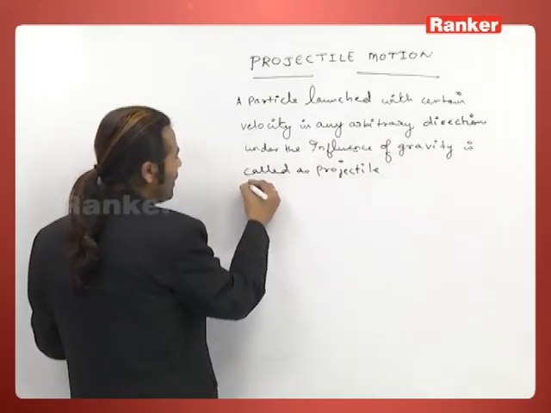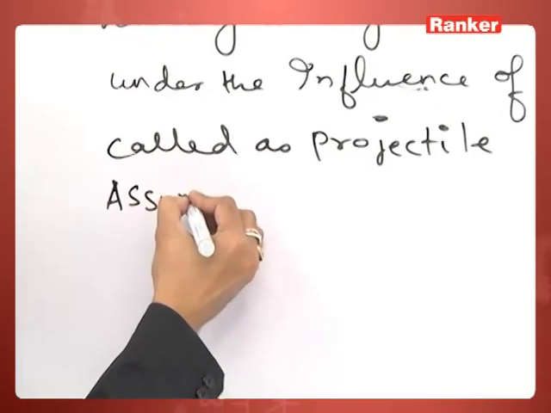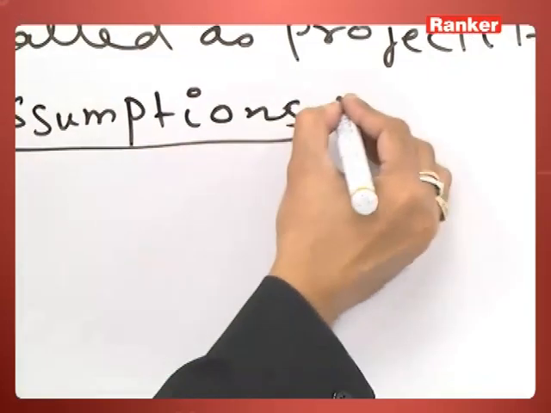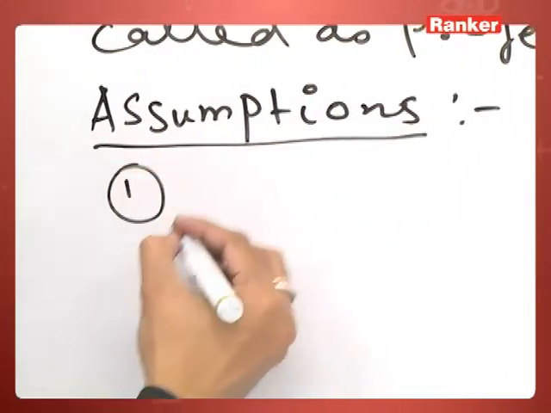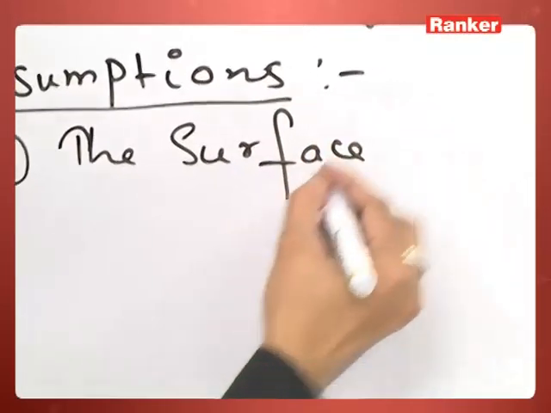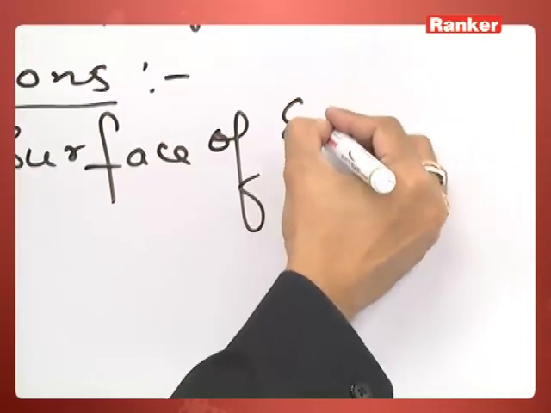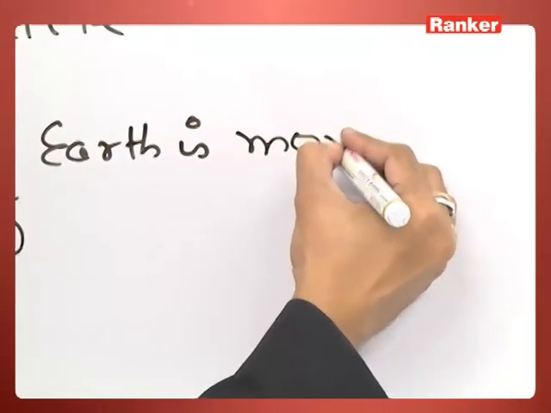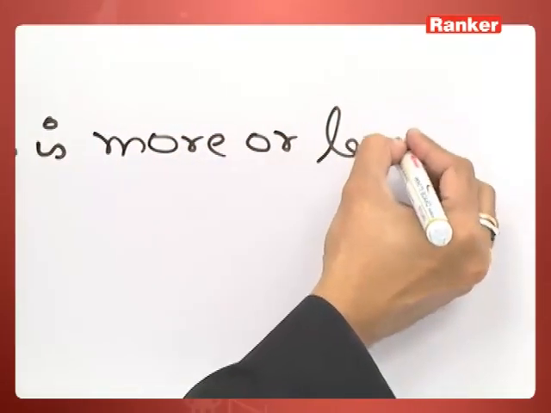So we have the following assumptions. Assumption 1, the surface of Earth is more or less flat.